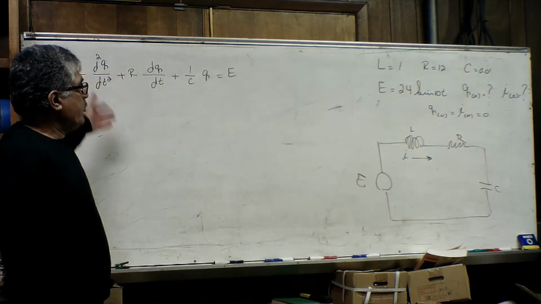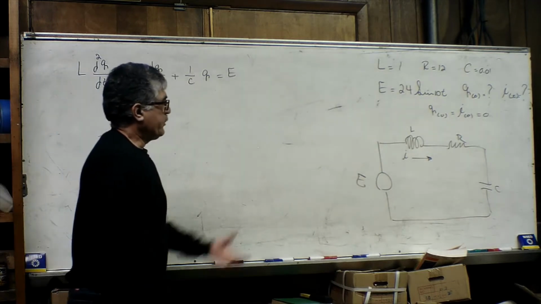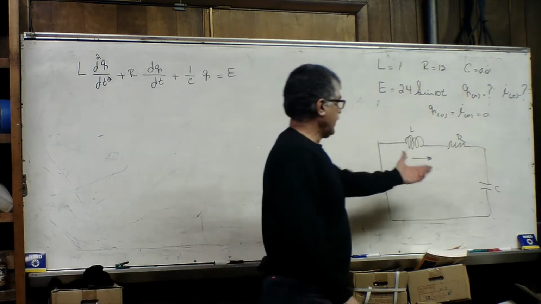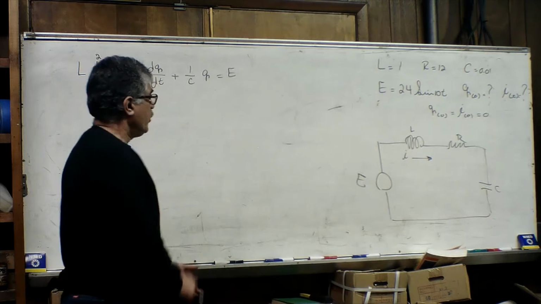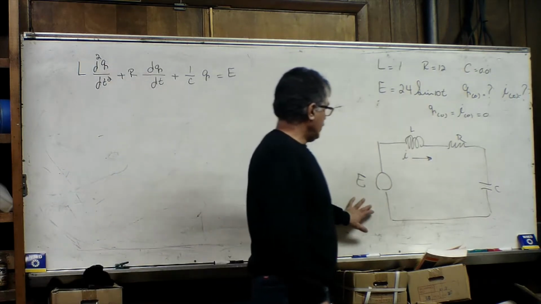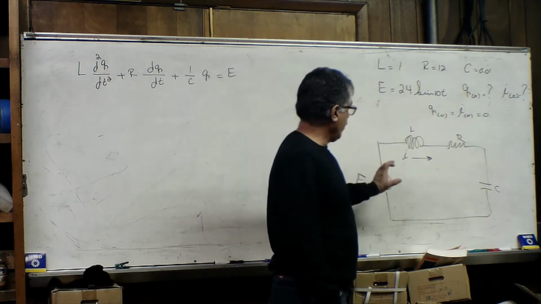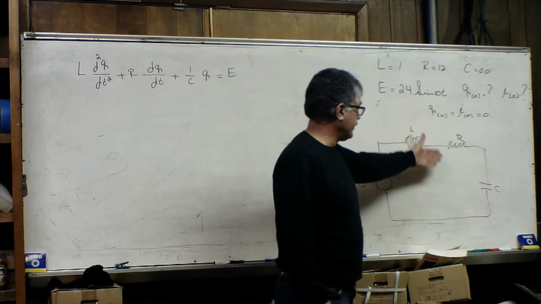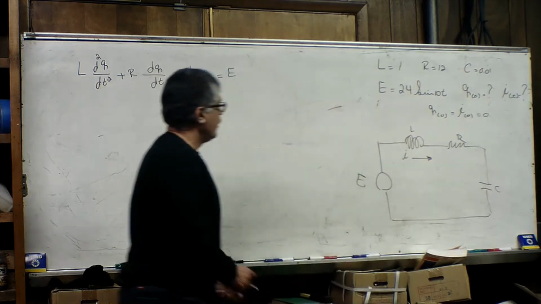So this is the general formula for a circuit with inductance, resistance, and capacitance. The total voltage is equal to the summation of the voltages in inductance, resistance, and capacitance.